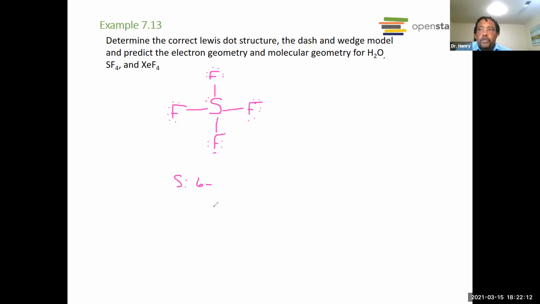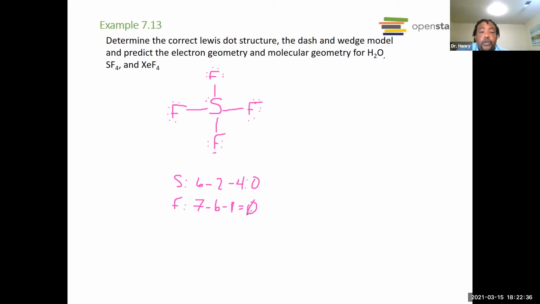We have 2 lone pairs, and we have 4 bonds. And then our fluorine, 7 minus 6 minus 1. So it works out perfectly. Okay, so that's a good structure.